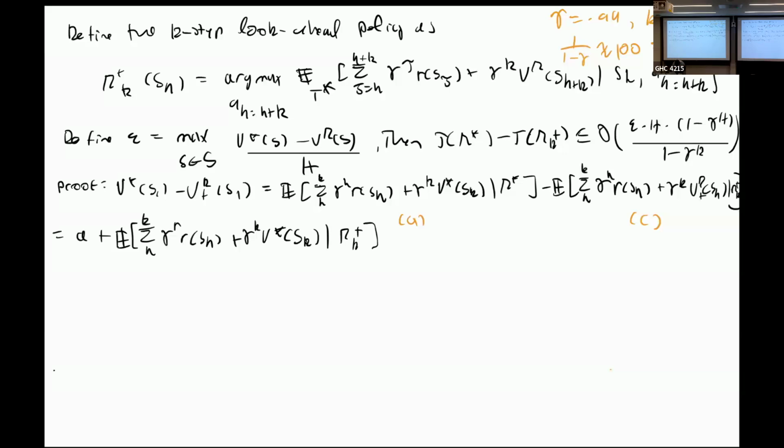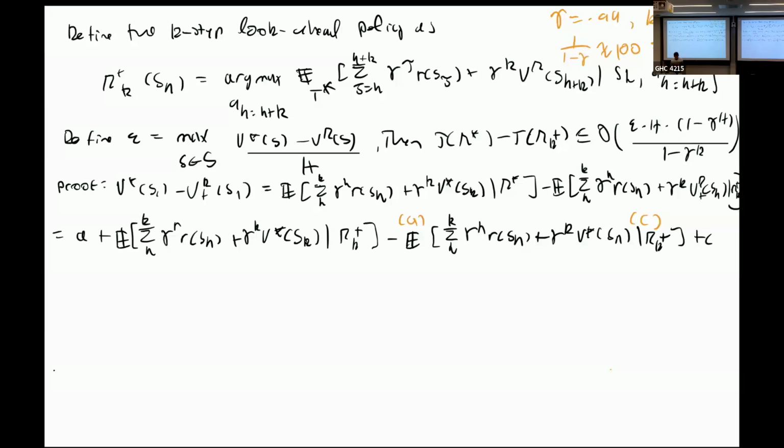Then I'm going to subtract this term out, so in net I'm doing nothing: the sum from little h to k of gamma to the h R of s_h plus gamma to the k V star of s_h, all conditioned on pi k plus, plus C. So these guys are exactly the same thing, just with opposite signs. I'm just adding and subtracting, they sum to 0.